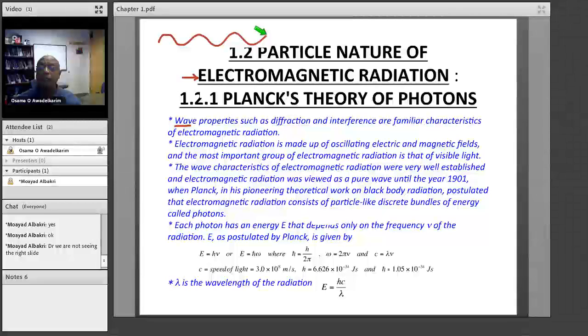So waves propagate, and they have very clear properties that we study in optics. We probably did it in our early physics classes. They diffract. So one property of waves is that you get diffraction. You also get interference. These are very important characteristics.